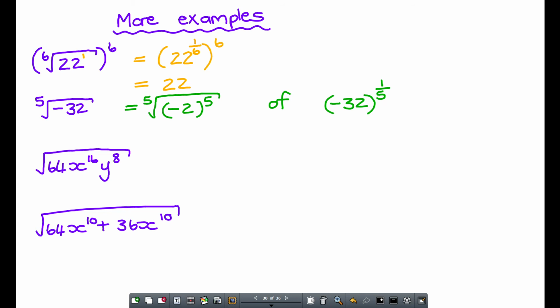Okay, let me finish this one first, then I'll get back to that one. So when I get up to here, I want to get rid of the root.